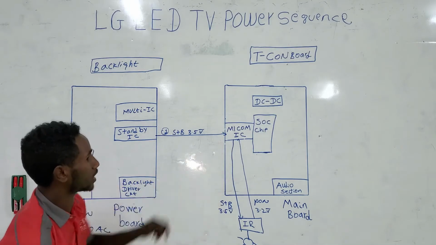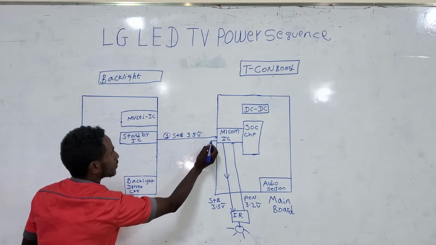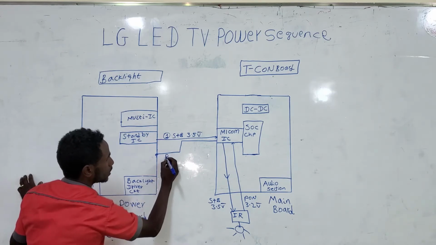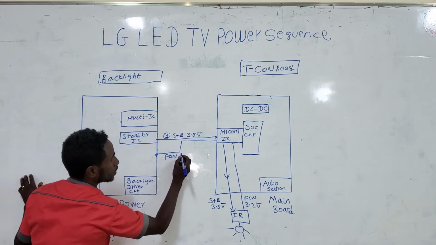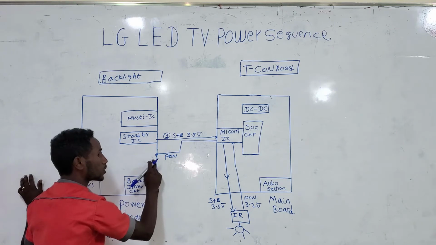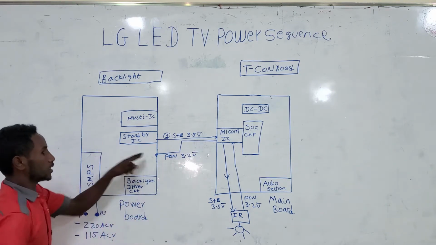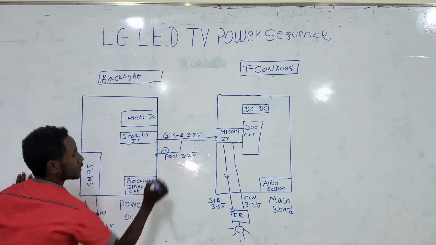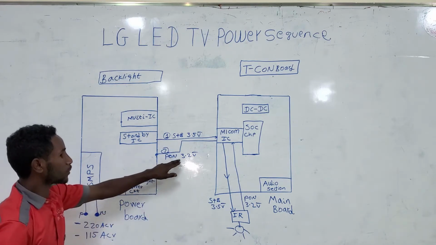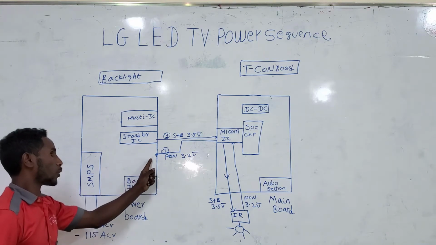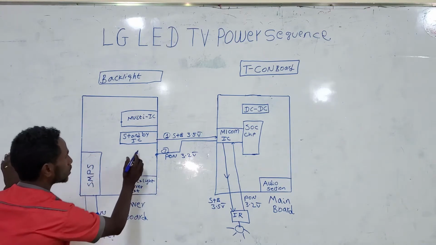Then the MICOM IC sends this power on voltage, 3.2 volts, to the power board. So this is the second point that we have. When this 3.2 volts reaches the power board, it goes to some circuits.